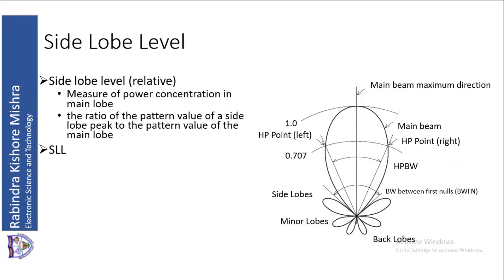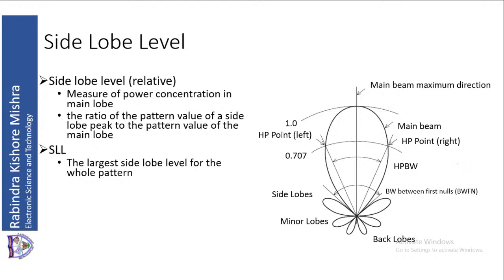The main beam gives us the measure of power concentration in the main lobe, and the ratio of the pattern value of a side lobe peak to the peak value of the main lobe gives us the side lobe level.